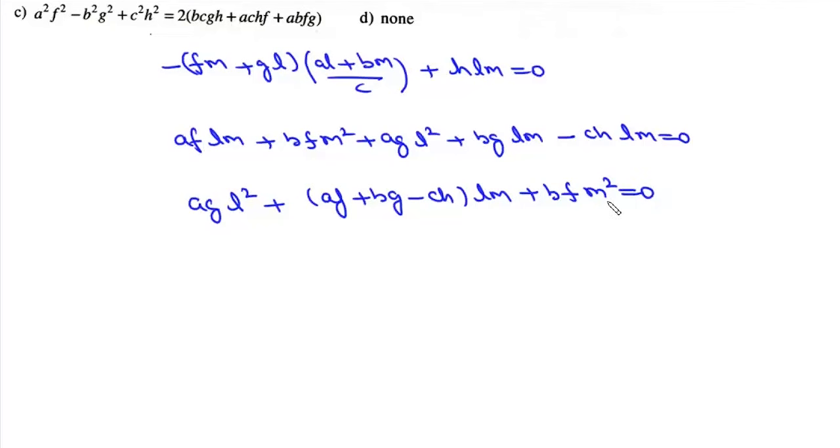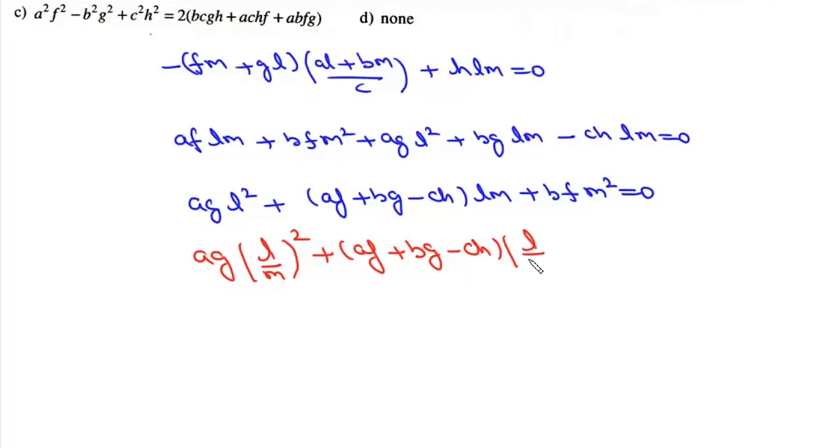Now if we divide everything with m square, we can write this equation as ag l by m whole square plus af plus bg minus ch into l by m plus bf equals 0. Now this quadratic equation will have two roots, l1 by m1 and l2 by m2.